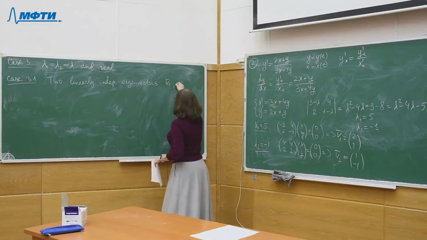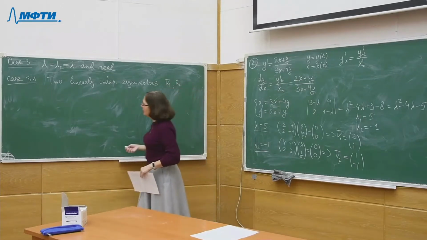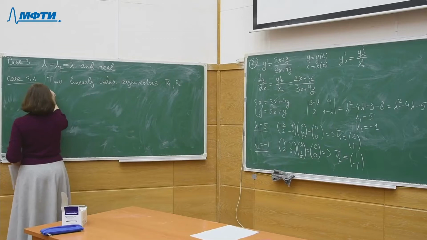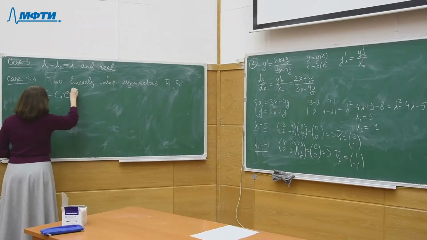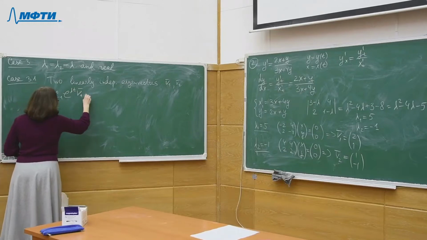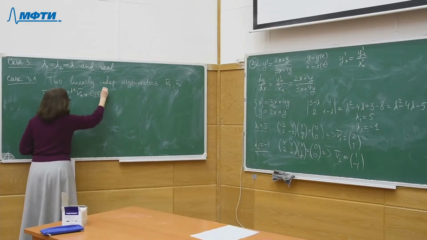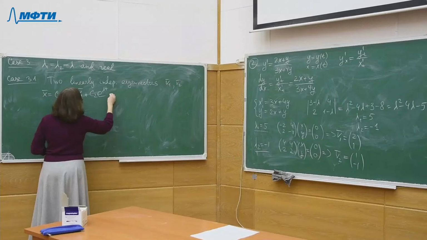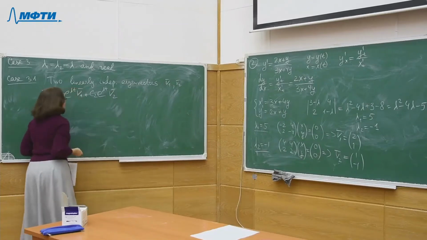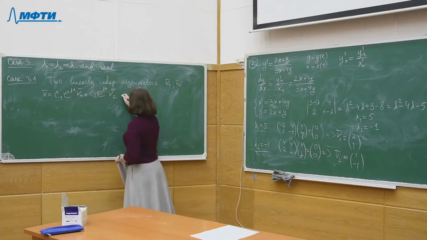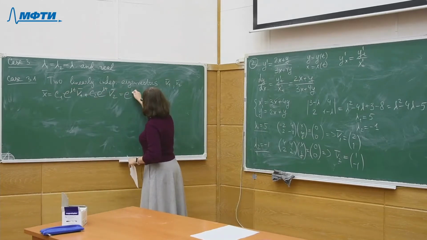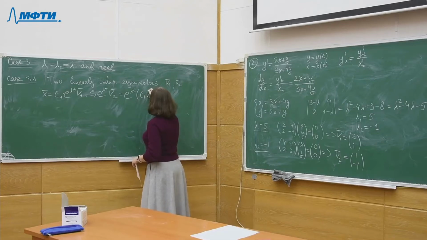And the solution can be written as C1 e to the power lambda t V1 plus C2 e to the power lambda t V2. Or it can be written as e to the power lambda t times (C1 V1 plus C2 V2).